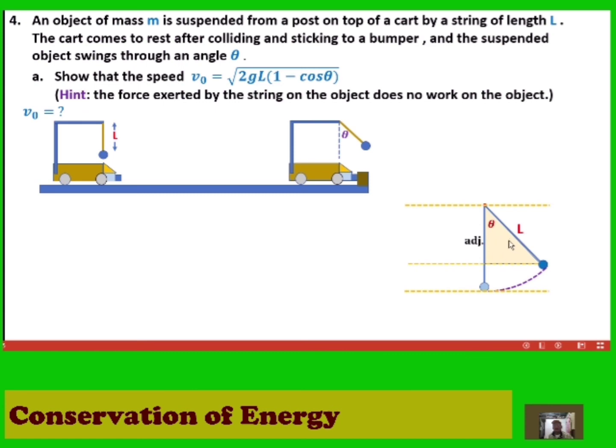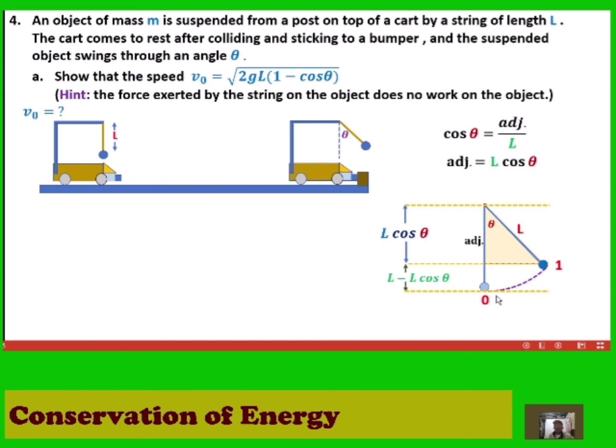So from this right triangle, the cosine of angle theta is equal to adjacent side of the angle divided by the hypotenuse. So solving for the adjacent side, cross multiply, so adjacent side is equal to L times cosine theta. So this height is equal to L times cosine theta. And this height also, since the whole length is L minus this length, which is L cosine theta, so this height is L minus L cosine theta.